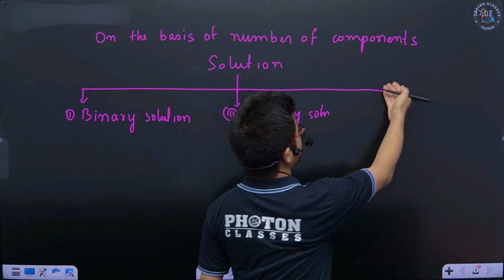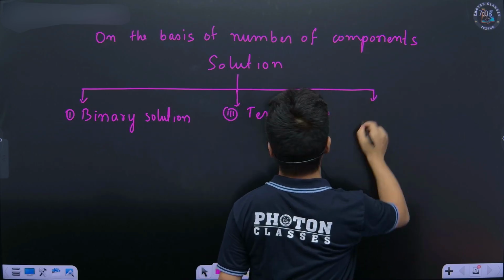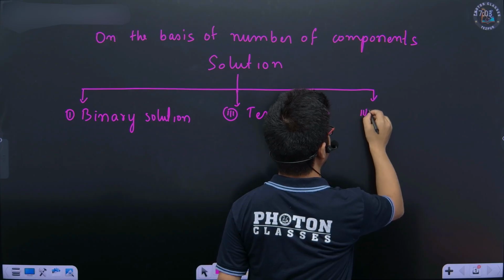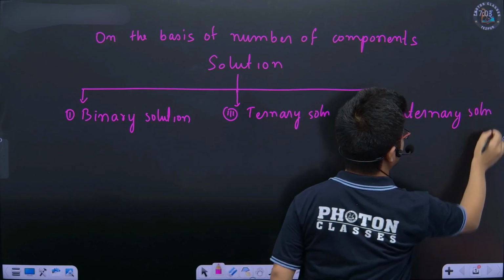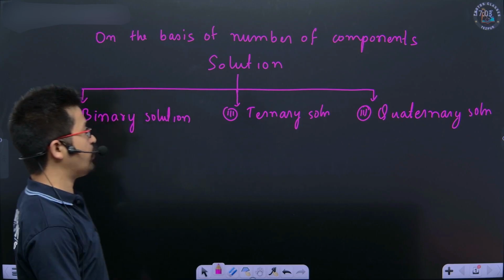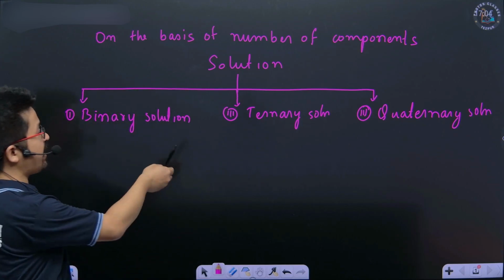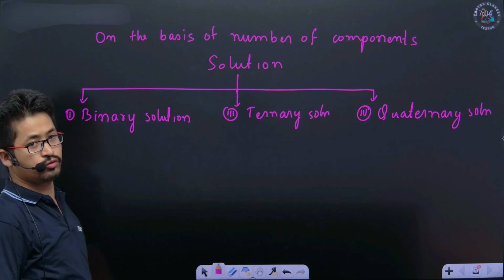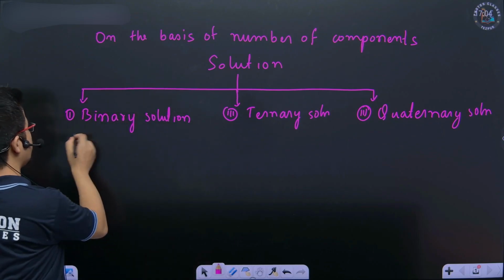If there are four pure substances, it is called a quaternary solution. We can keep on classifying in this way, but our main focus is on binary solution. Is that clear?